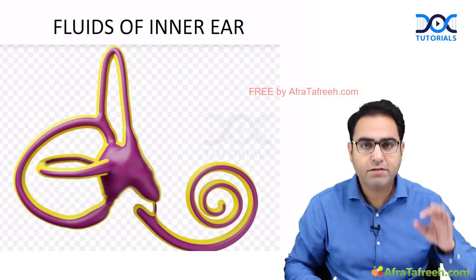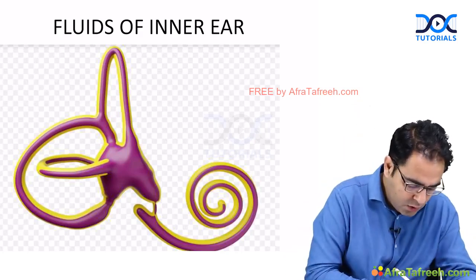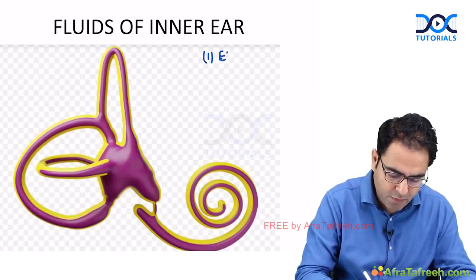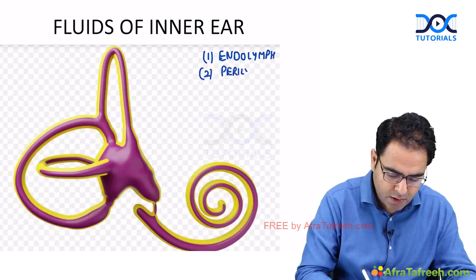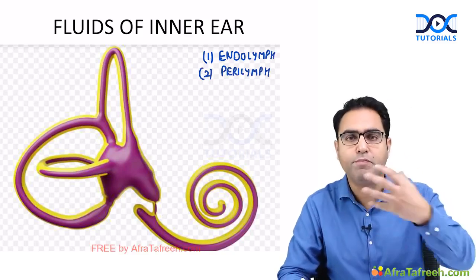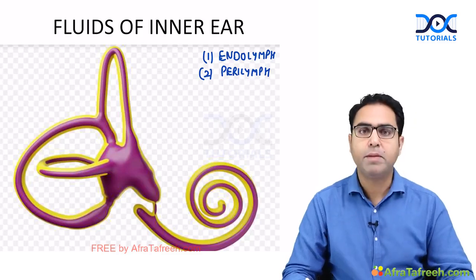Let's go further. Let us discuss the fluids of the inner ear. The inner ear has 2 fluids. Number 1 is endolymph and number 2 is perilymph. Can you see this picture? Can you see this purple fluid?